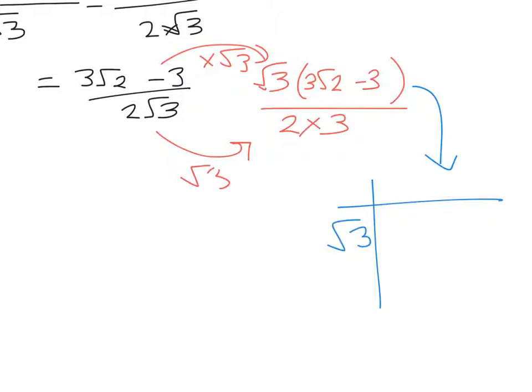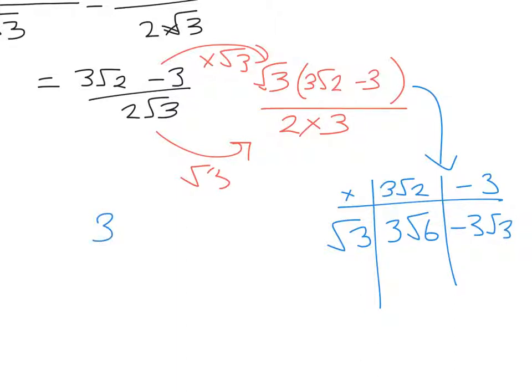Root 3 times 3 root 2 minus 3. Root 3 times root 2 is root 6. And there's a 3 there, 3 root 6. Root 3 times negative root 3 is negative 3 root 3. So on the top, I'm going to have 3 root 6 minus 3 root 3. And on the bottom, I'm going to have 2 times 3 is 6.